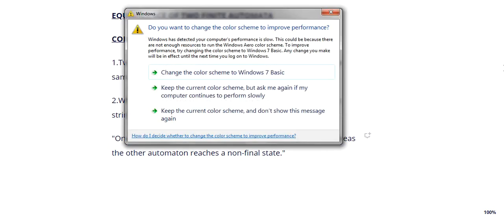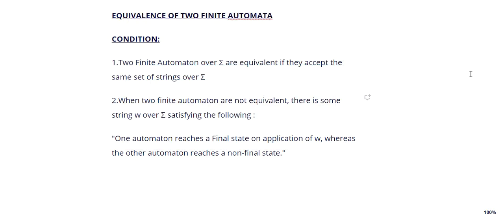We have seen the first condition: if the automata have different sets of strings, then we can directly say that these two automata are not equivalent. In the second condition, whenever two automata are not equivalent, there is some string w over the input alphabet satisfying the following condition.